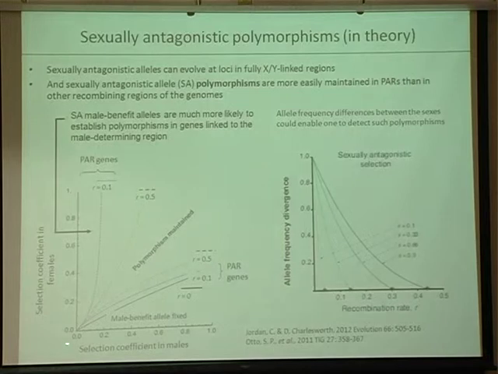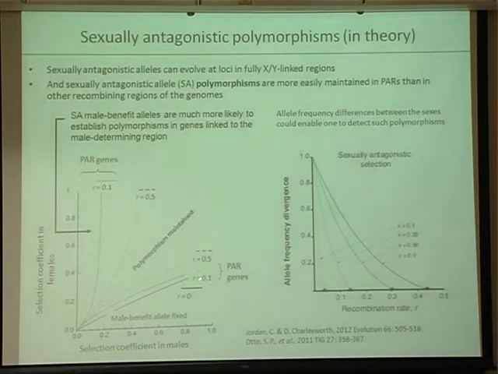This shows for a particular selection coefficient in males and females. It shows that if you have unlinked a locus here with these two, the region where you have polymorphism is just between those two lines, you may be able to see.